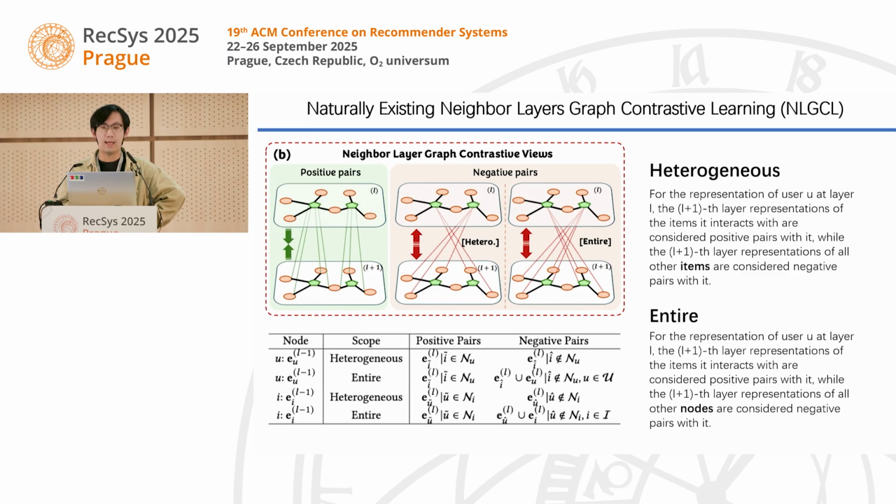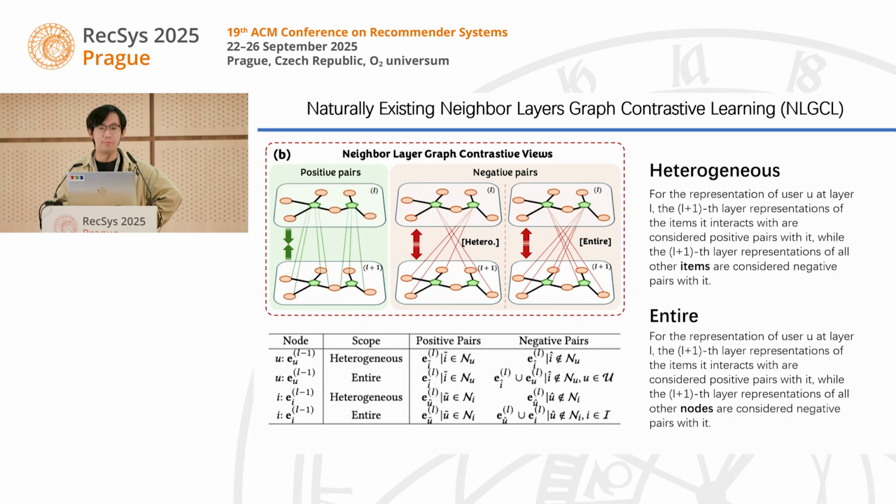So let's take user U as an example. For the representation of user U at layer L, the layer L plus 1 representations of the items it interacts with are considered positive pairs with user U. These positive pairs are suitable for both scopes.